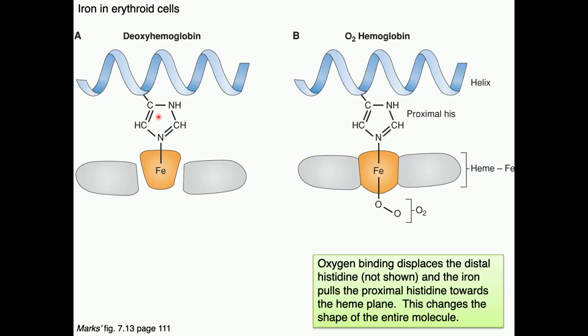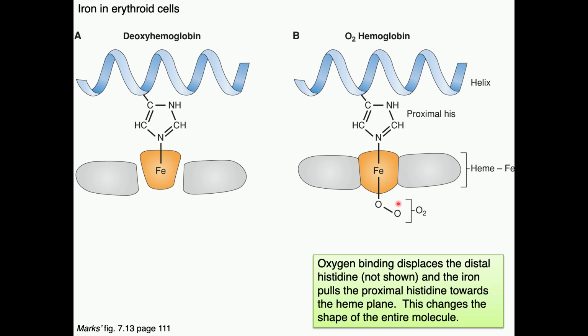As the iron is binding to oxygen, the iron is interacting with a proximal histidine and then a distal histidine, and the distal histidine is down here and not shown. But when the oxygen binds to the heme iron, it's pulling the heme iron further down into the plane of the heme, and that's pulling that histidine on the north end of it and an entire alpha helix down further closer into the heme ring.